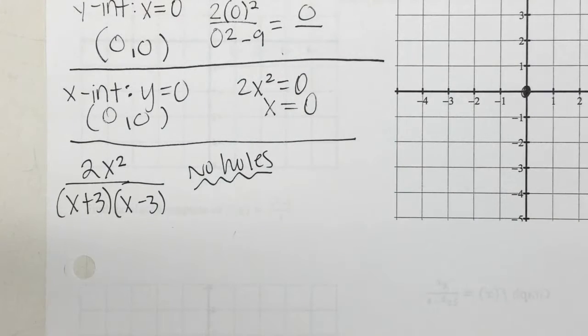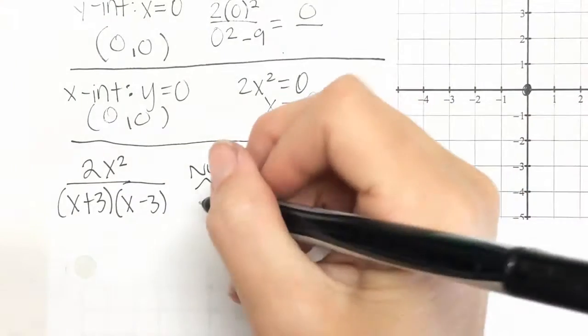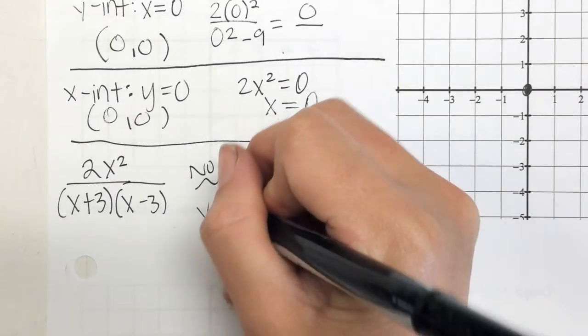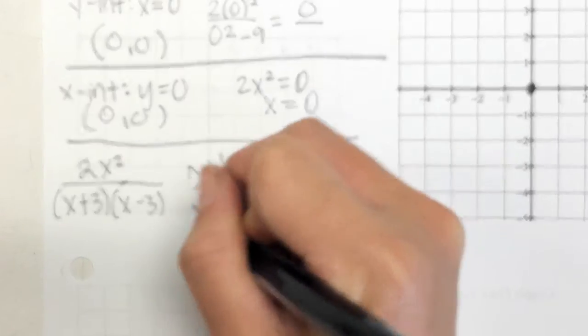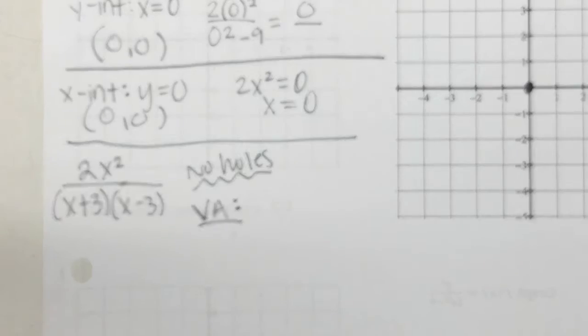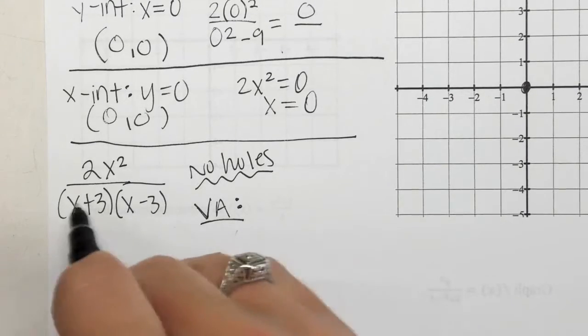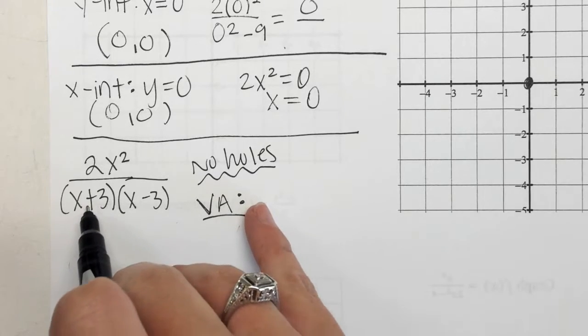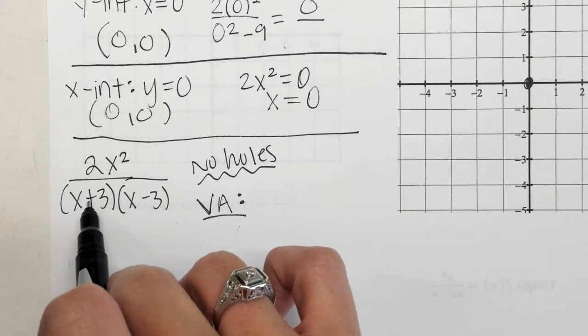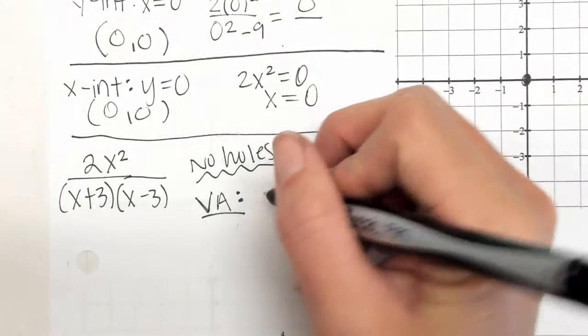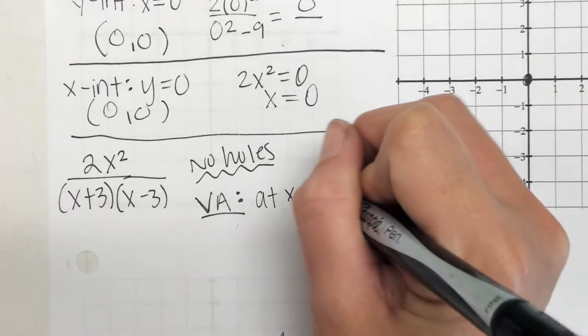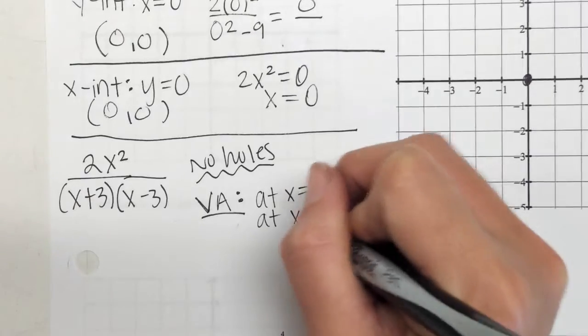Alright, next we look at vertical and horizontal asymptotes. Does anybody remember where we get the vertical asymptote from? Yeah, setting the bottom 0, seeing where it's undefined. And since it's already factored, it's easy to see x cannot be what right here? Negative 3 and 3, right? So you have a VA at x equals 3 and at x equals negative 3.